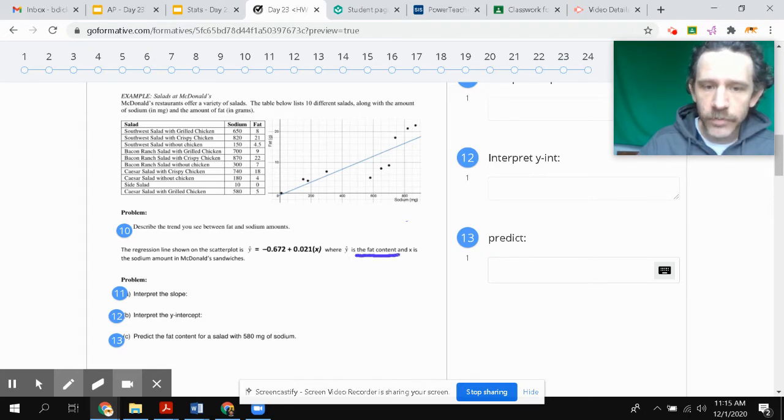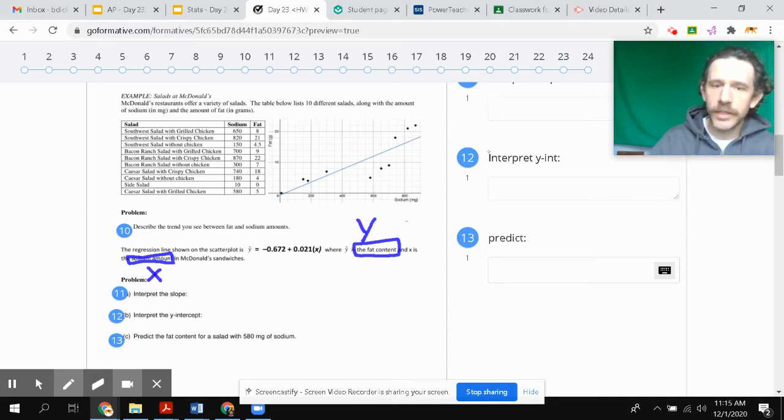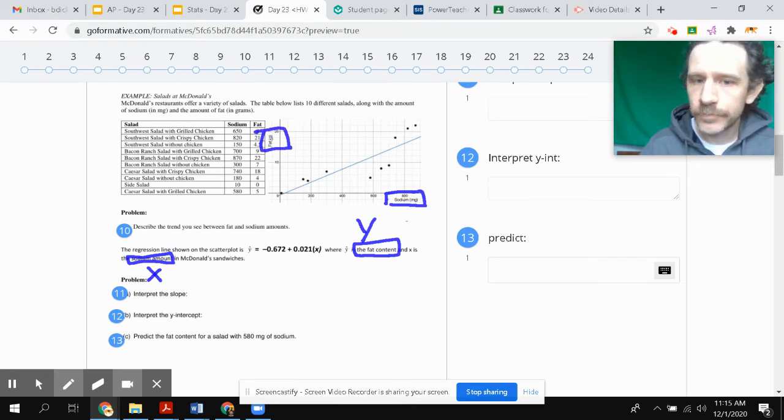So fat content is my y, and x is the sodium amount. That's the first thing: we want to be able to identify what we're looking at. If we don't see that in the problem, we can look at the graph as well. So sodium for x, fat for y.